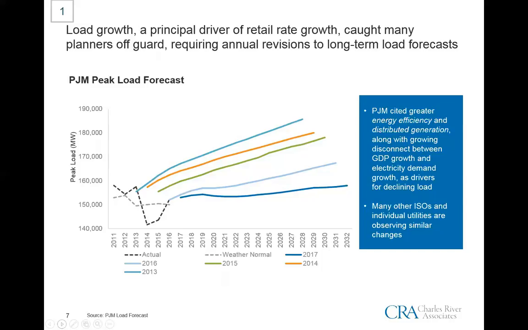So this shows the load forecast PJM makes year over year, and you can see they were overshooting significantly, and the latest year, being the 2017 forecast, is nearly flat. So very significant reductions that I think everyone is waking up to.